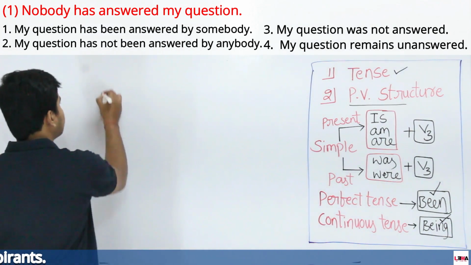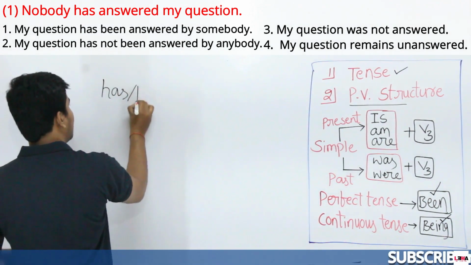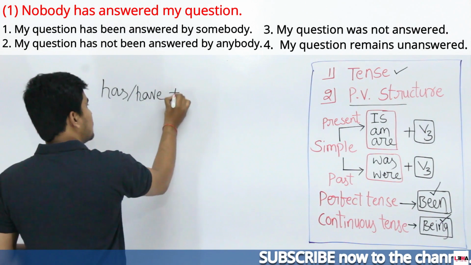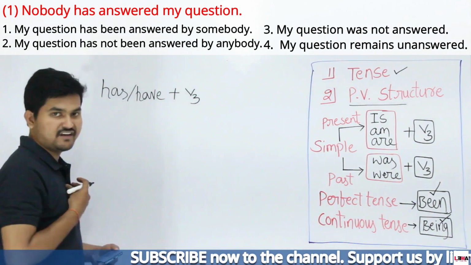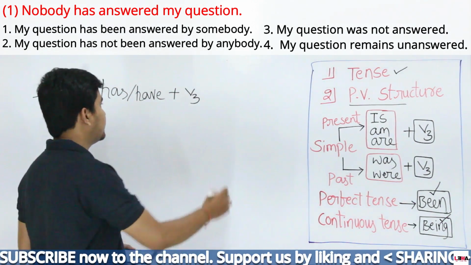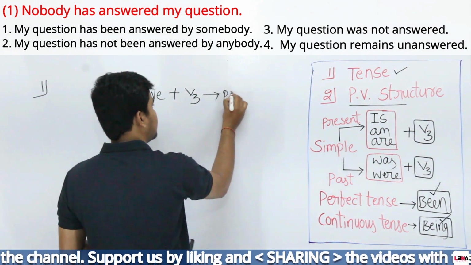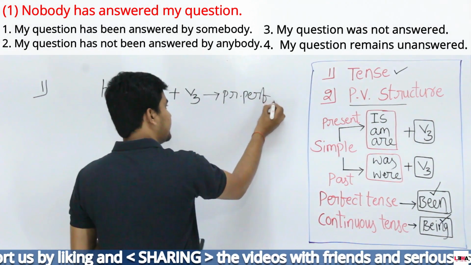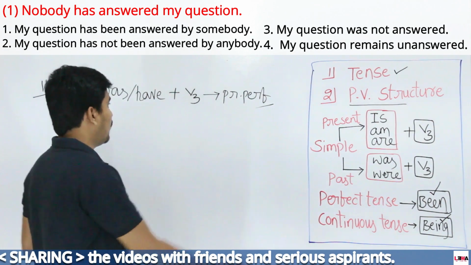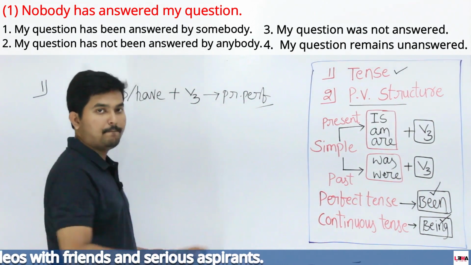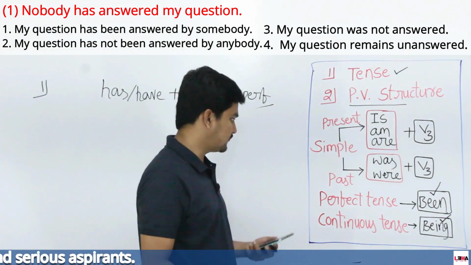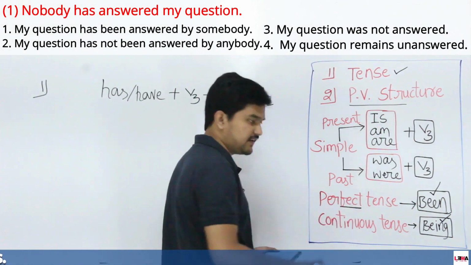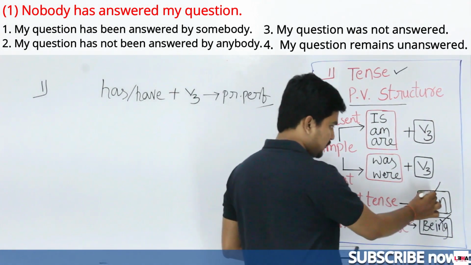Has answered. You understand, whenever has or have appears in the question followed by the main verb third form v3, all you have to understand is this is present perfect tense. Yes, I know you understood that this is in present perfect tense. Now all you have to do is identify the passive voice for present perfect tense. Now see, whenever there is a perfect tense in the question, you have to search for the keyword been.